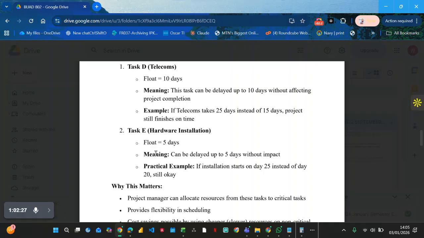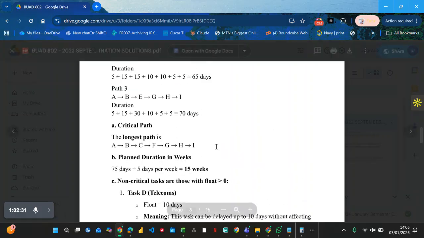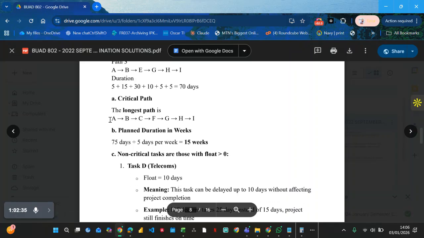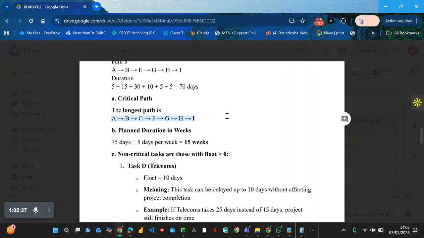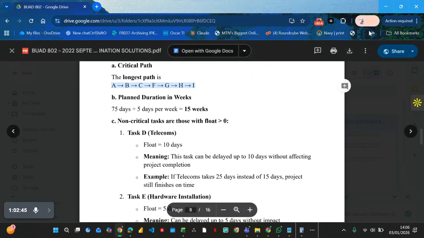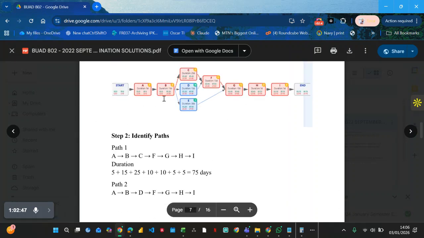Also task E, hardware, 5 days. If I delay it by 5 days, it will not matter, because E too is not on the critical path. These are the critical path here, and they don't fall in there. So they will not really affect our project.